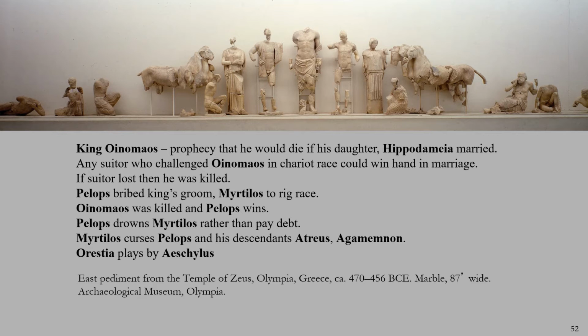But what's important here is that we are given an image of morality. What Pelops did is morally wrong on several different levels here. He cheats, he bribes, and he murders. And because of that, his family is cursed. So here's this whole concept again of Greek morality and relating to the idea of goodness, this desire for goodness.